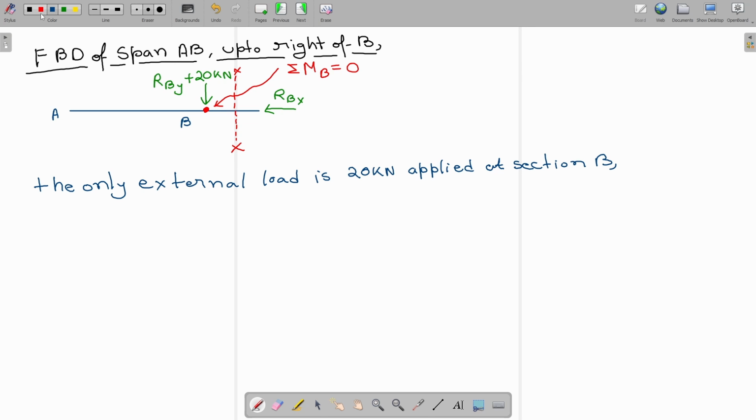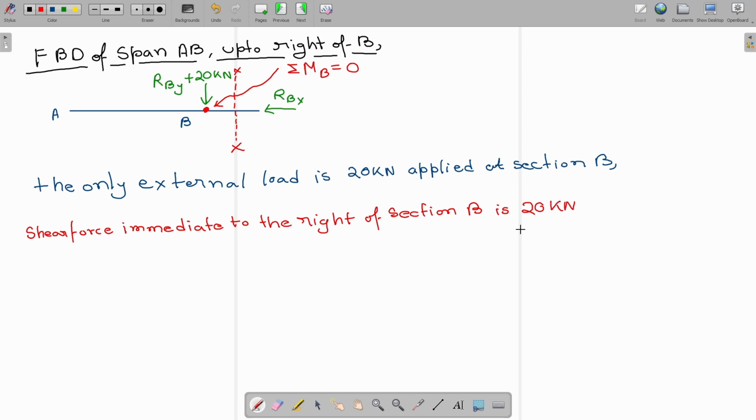So we can write shear force 20 kilonewton. Okay, this is the answer.